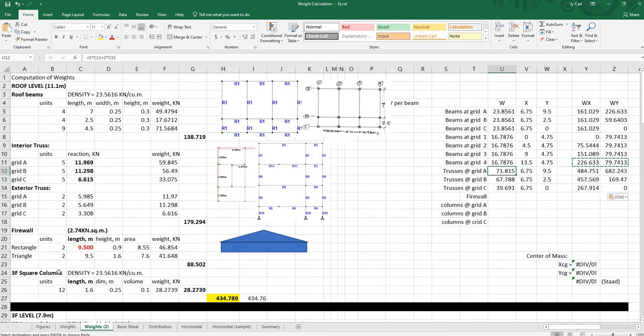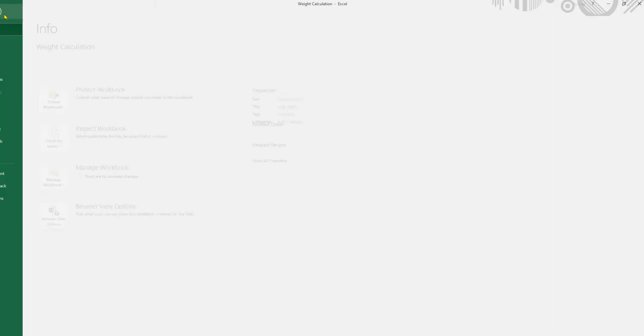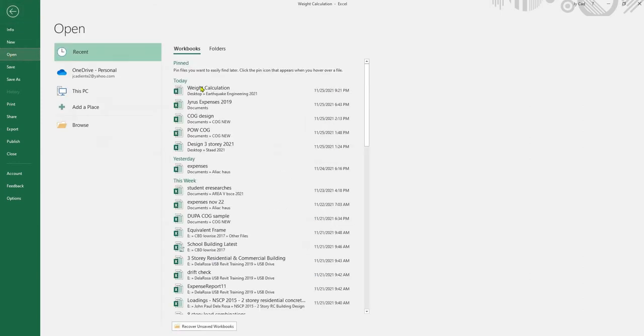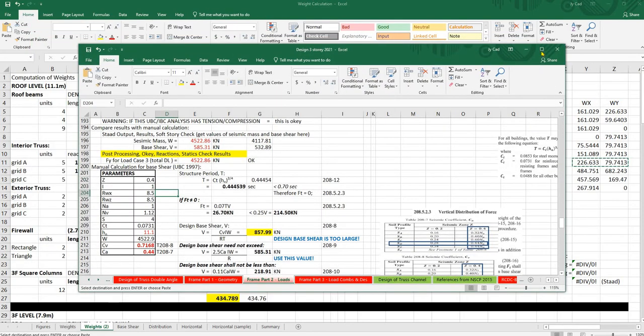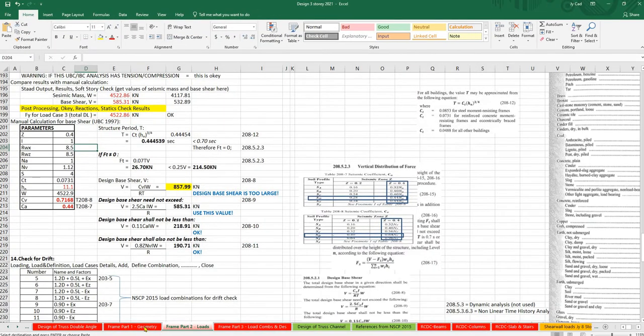So yung firewall naman, it is composed of two areas, yung triangle tsaka yung rectangle. Parehas lang nito yung nasa load computation ng STAAD. Let me show you. So ito siya.